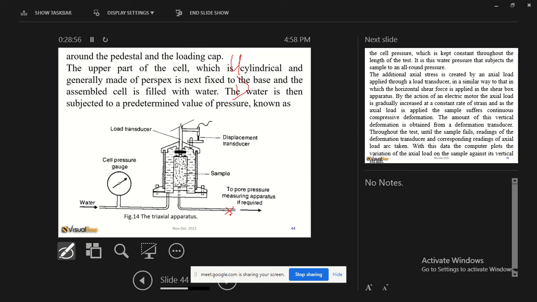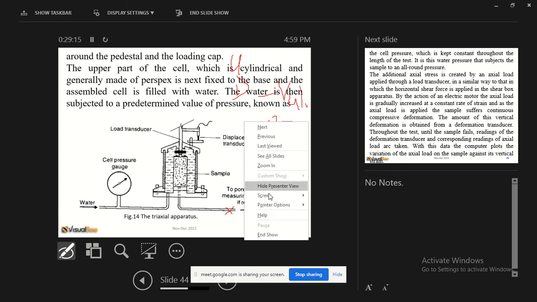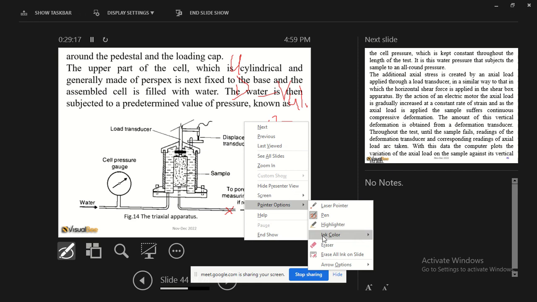So drained means this valve is open. The valve is open during the test. All right. Valve open means drained, and undrained means the valve is closed. Stay with me, please.